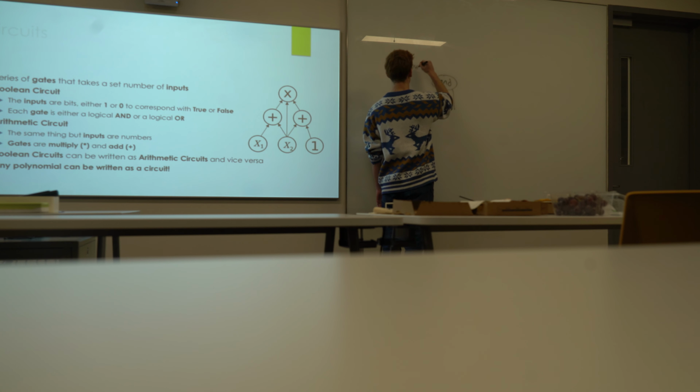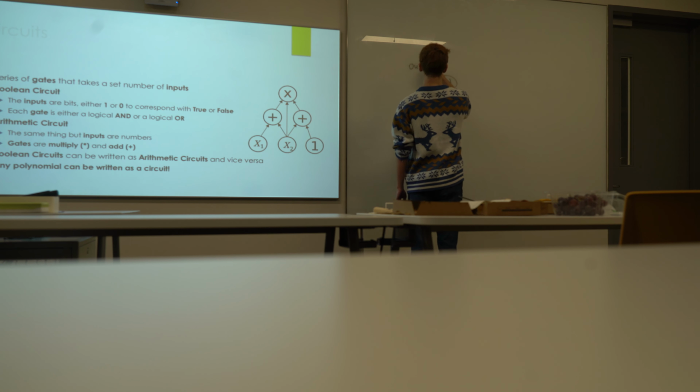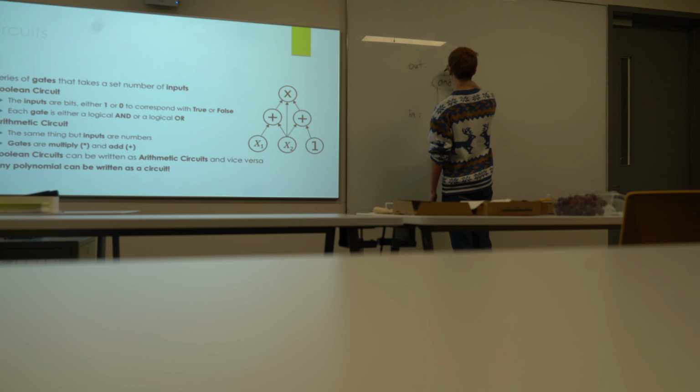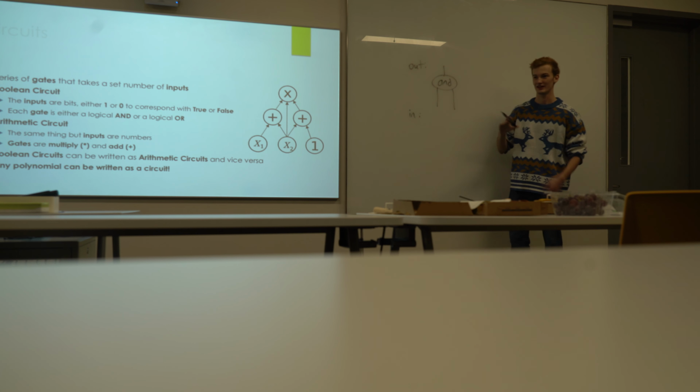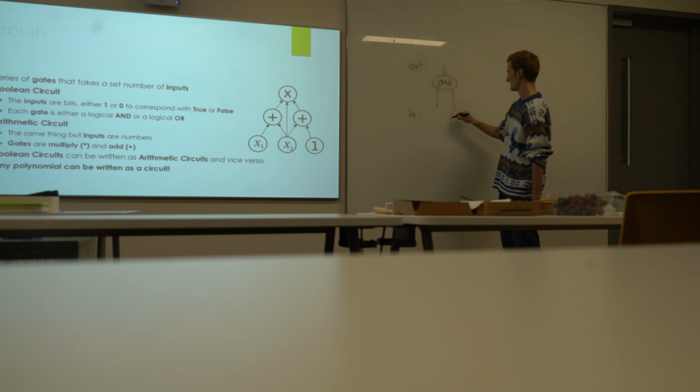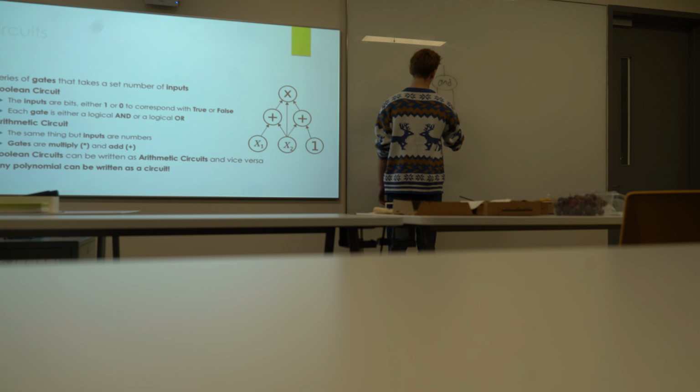And we only have 1 output, and that's the evaluation of the circuit. So this can be a 0 or a 1, a true or a false, and this can also be a true or a false.